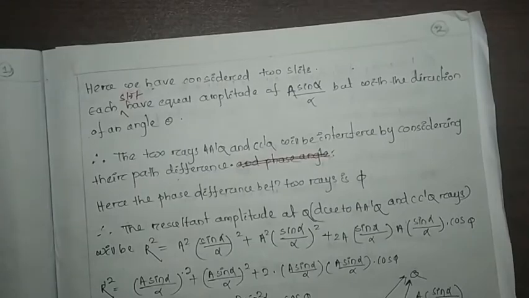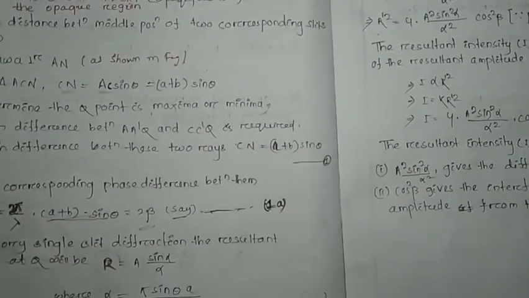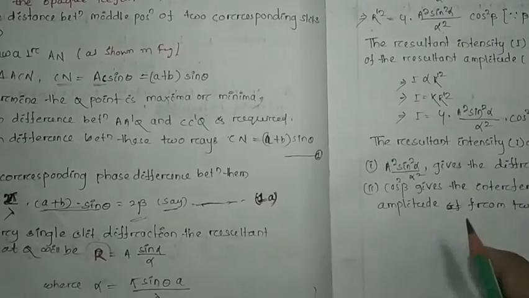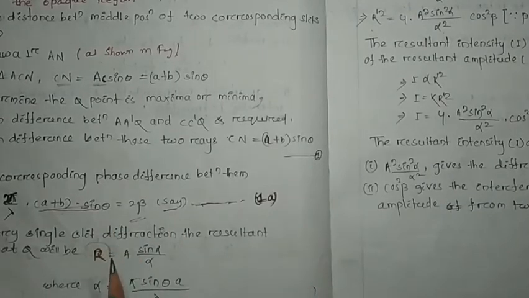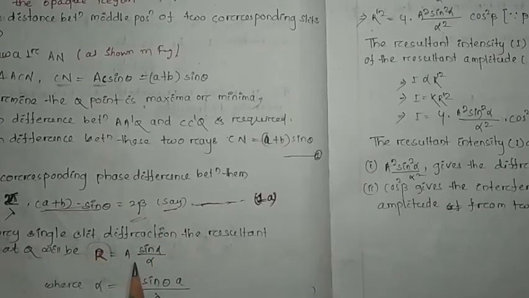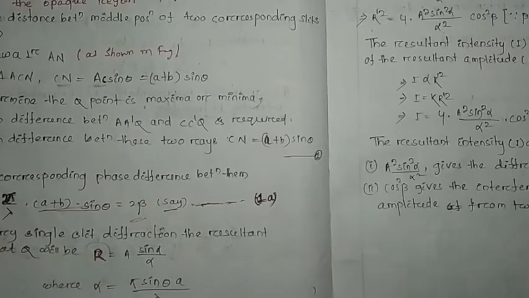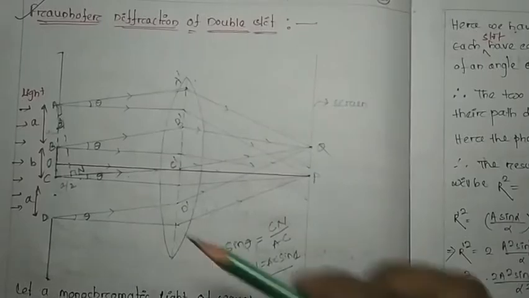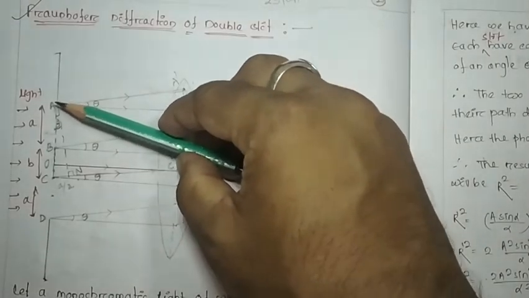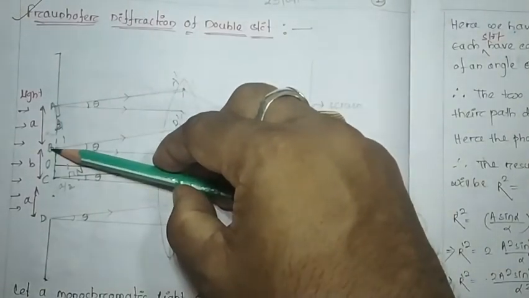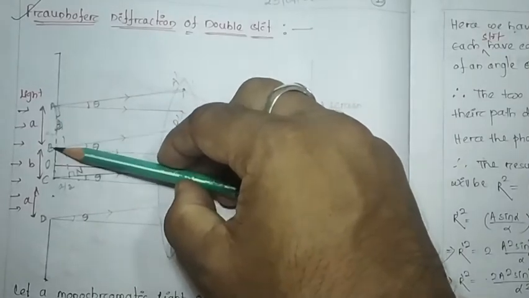In our single slit experiment we found the resultant amplitude for a single slit, this one. Now this is the resultant amplitude due to the single slit experiment. But if we consider the double slit, it is nothing but a combination of two single slits, this one and this one.